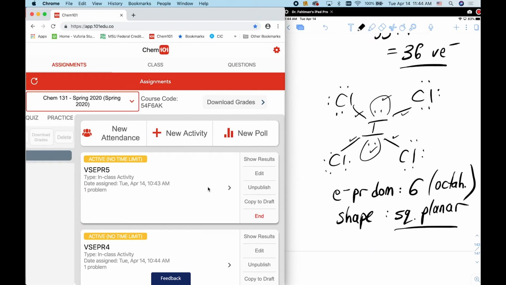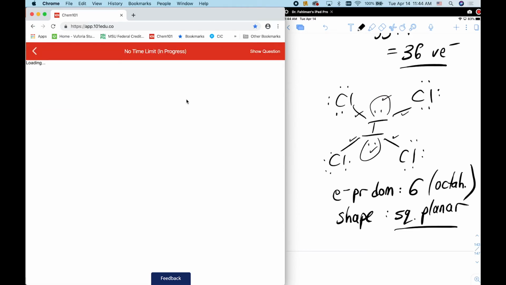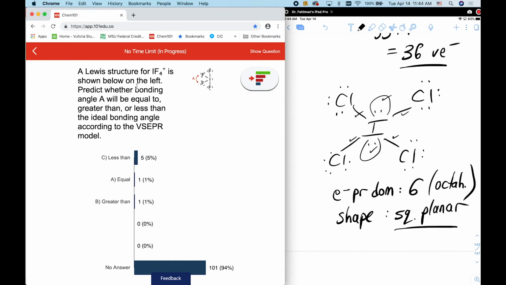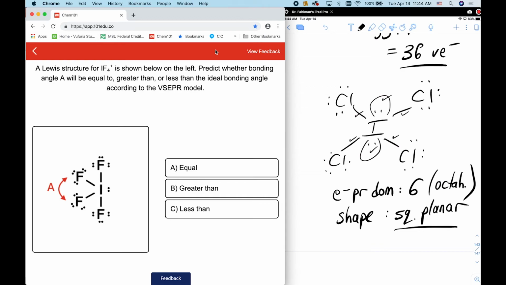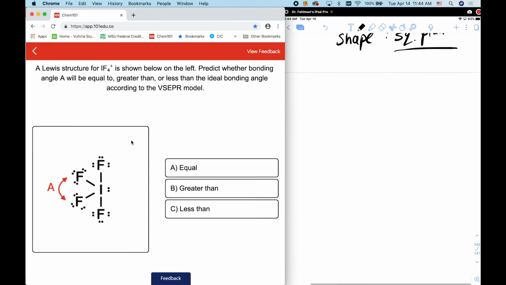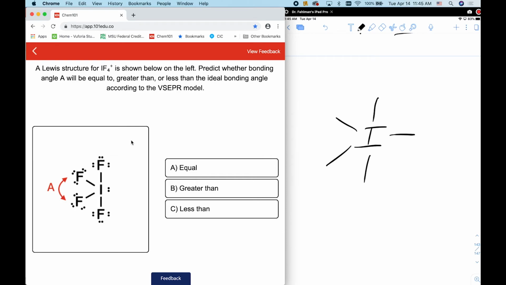And then the last one, VSEPR 5, is showing you IF4 plus. Predict whether that angle A is going to be equal to, greater than, or less than the ideal bonding angle. The ideal, if you had this kind of situation with 5 things around it, this angle should be 120, just like that one, or that one.